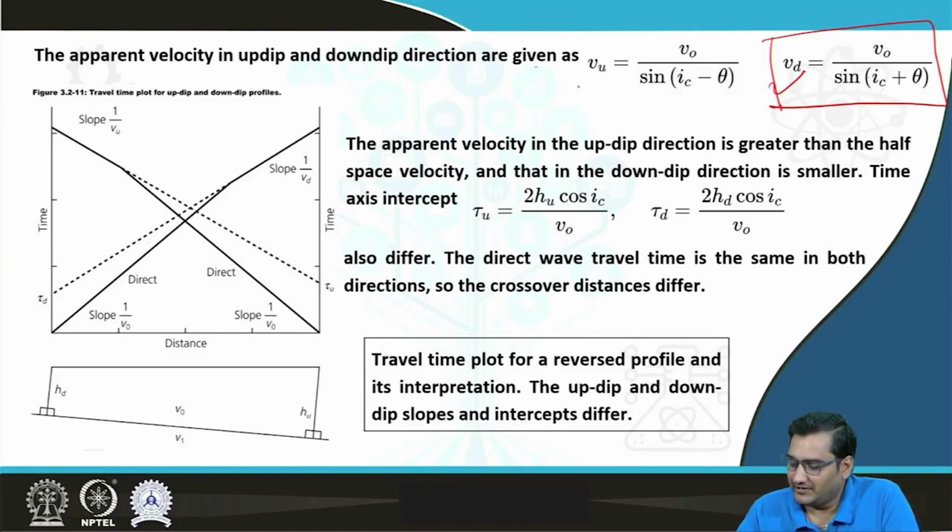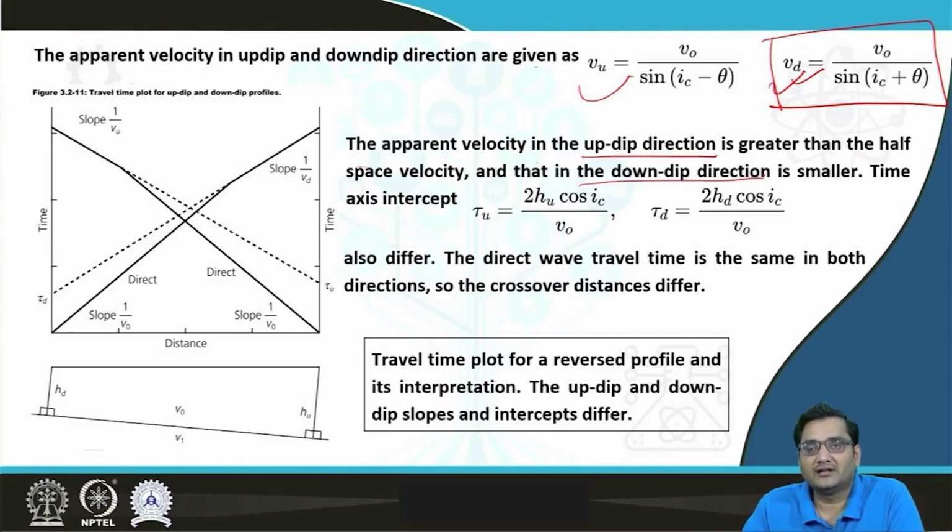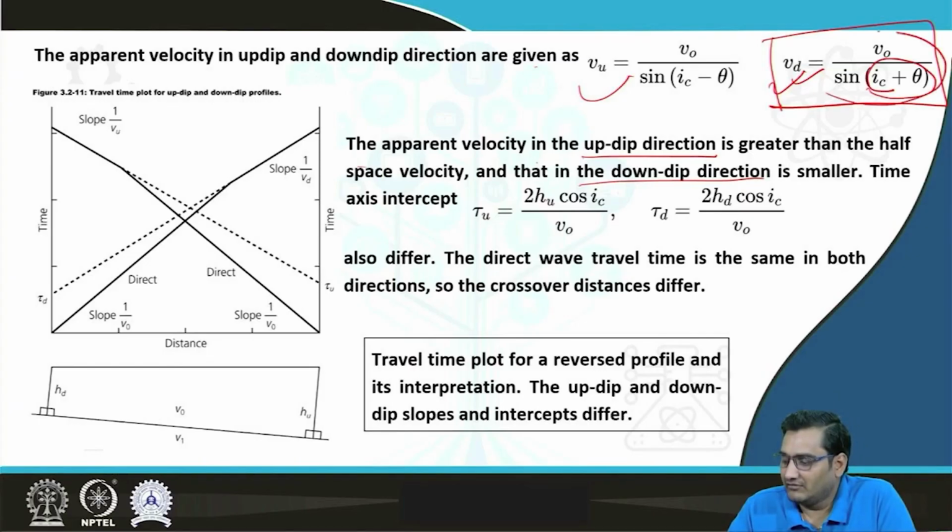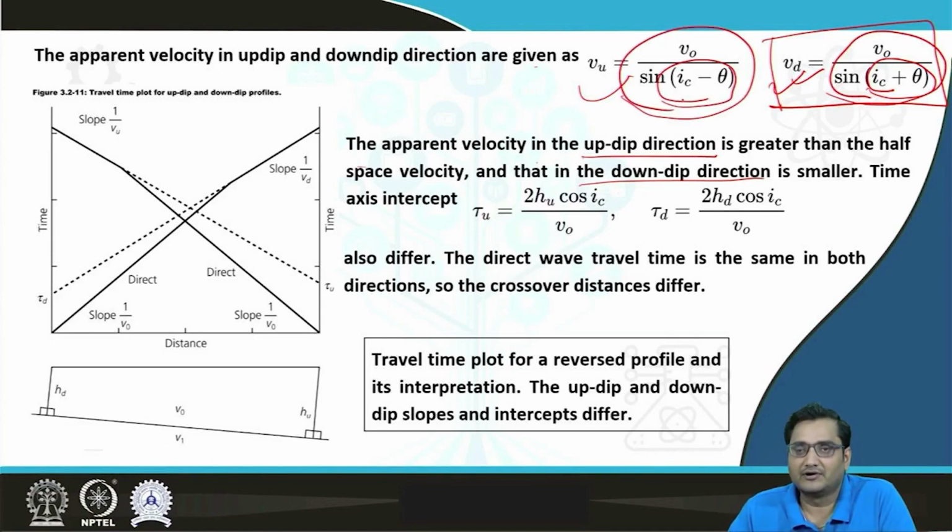If you compare these velocities, then you can easily say that the apparent velocity in the up dip direction is greater than the velocity in the down dip direction, because IC plus theta is larger, so the overall value becomes smaller, and IC minus theta is smaller, so the overall velocity becomes larger, which means that VU will be greater than VD.